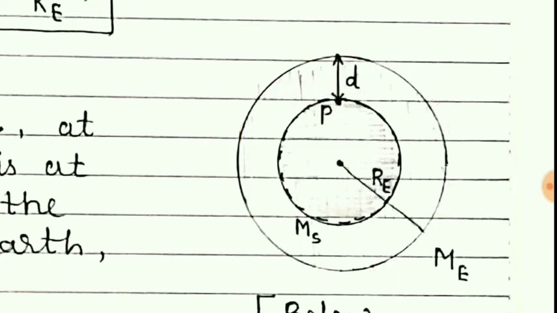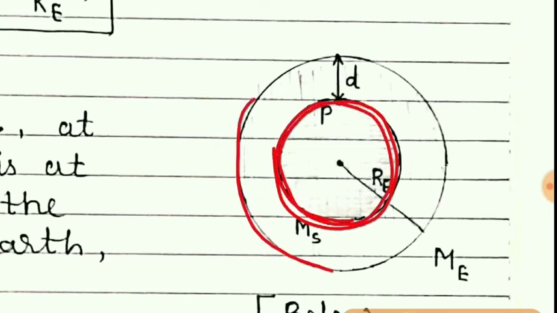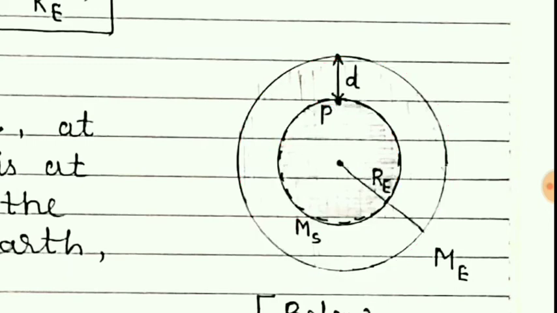So now students, we know that we can consider this as a solid sphere which is inside the spherical shell. In our earlier topic we have studied this, and we have obtained the formula for the force acting on such a particle which is at this much depth. Let me show you.